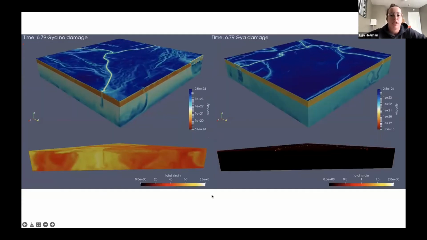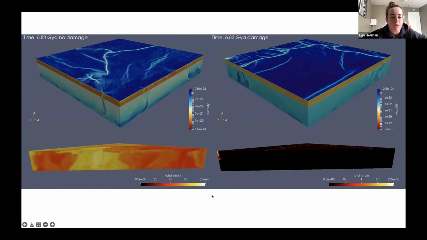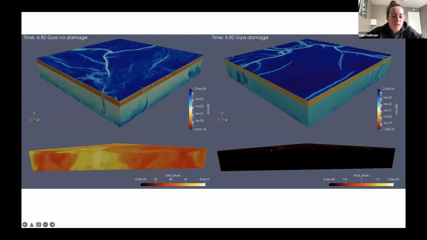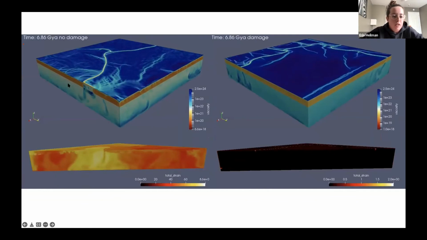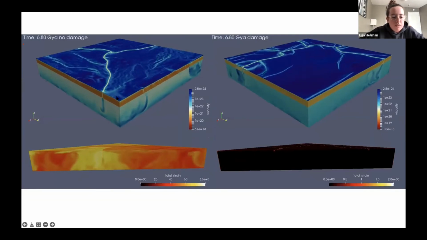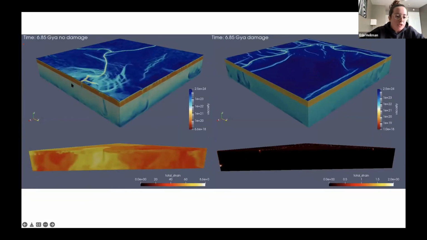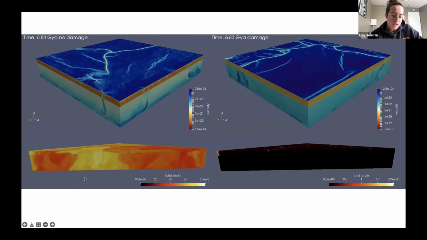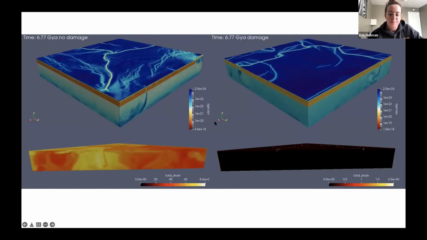Looking at these two in motion, on the left, you can see where these very broad patches of spreading centers then merge and go into a dumping in a subduction zone. This is what the strain looks like in the mantle.